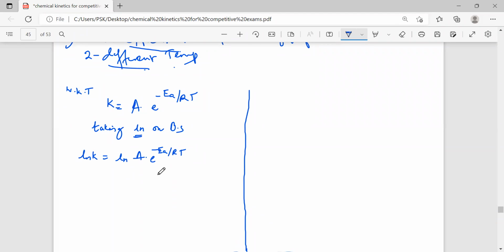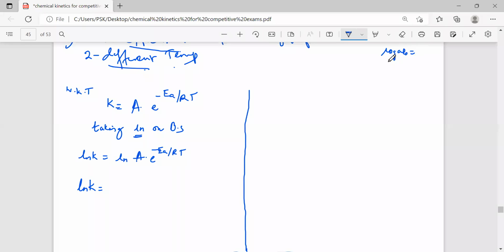So taking natural log on both the sides, we can write natural log of k is equal to natural log of A into e to the power minus EA by RT. So this can be written as natural log of k is equal to, log AB can be written as what?